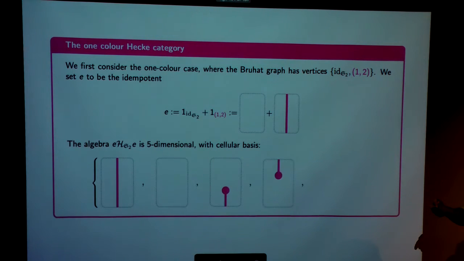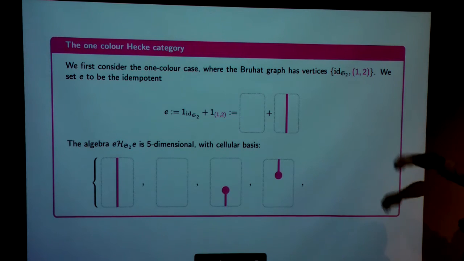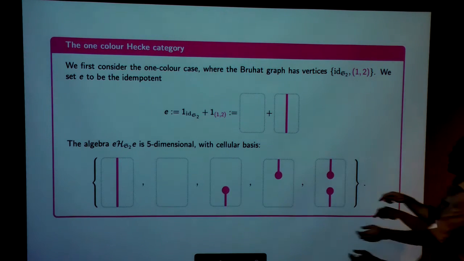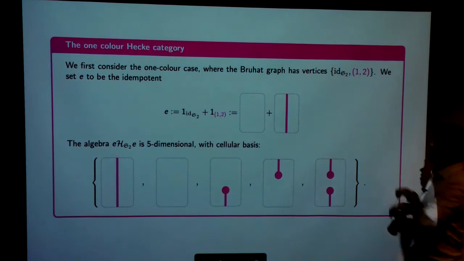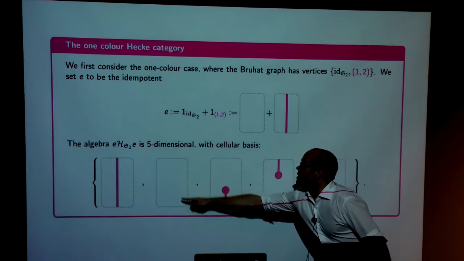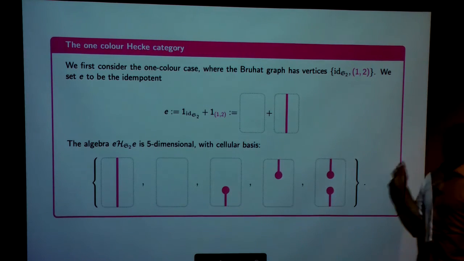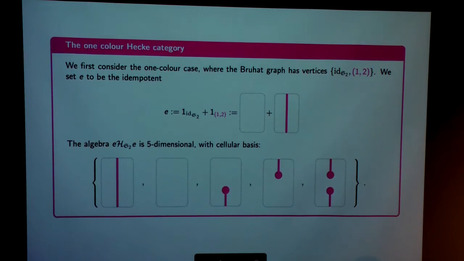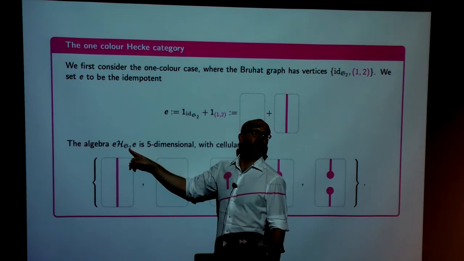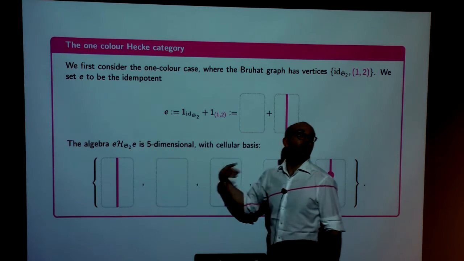I can turn that upside down because we had this anti-involution that turned diagrams upside down. And I can multiply those 2 together. If I put that one on top of that one, I get that one. And I claim that this is the basis of this algebra, and that this is a 2-sided ideal with some multiplication that I haven't told you yet. So the notation H(S2) here means the Hecke category labeled by W, the Weyl group, being S2, and the parabolic being trivial.